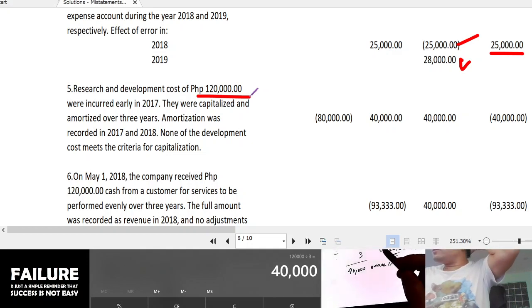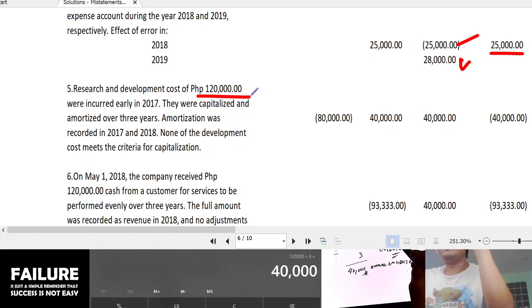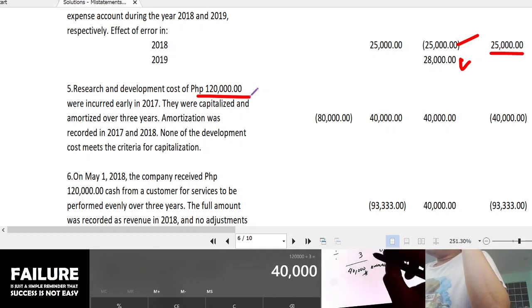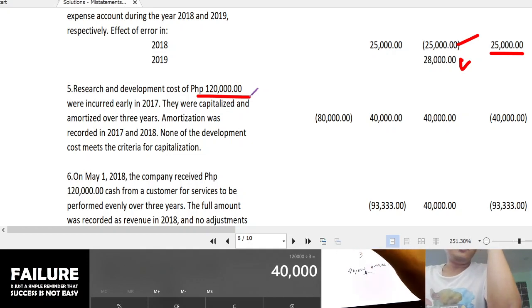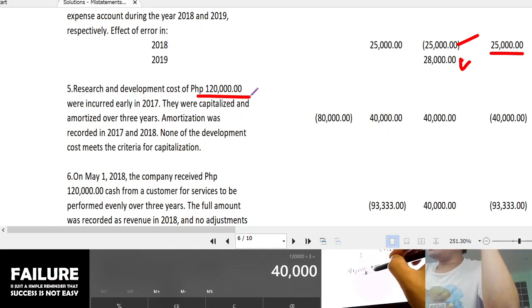However, with its related amortization, which dapat hindi sana, kasi yun nga, expense siya, hindi capitalizable, nagsobra naman tayo by 40,000. So again, nagkulang ng 120 kasi kinapitalize. Pero pertaining to your amortization, nagsobra tayo ng 40,000 because it was recognized as amortization. So yung effect nito is that we have a net understatement of 80,000.